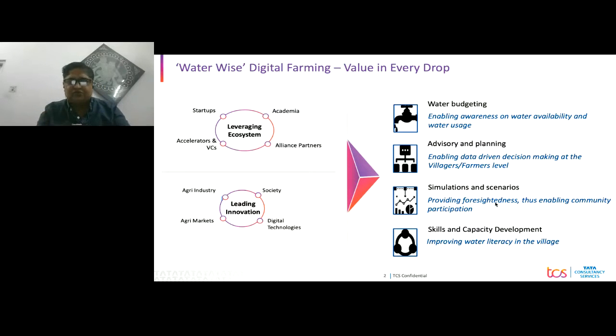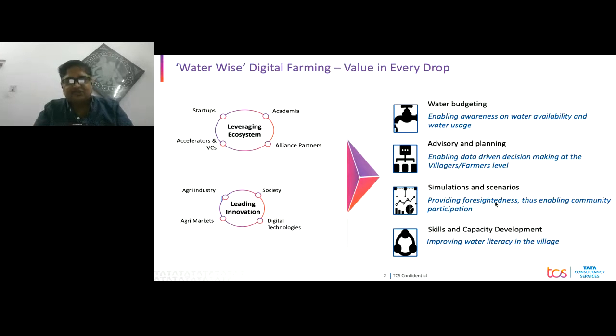So how can we take that data and information and simulate what-if scenarios in order to change the crop pattern and advise the farmers how to save water, use recycled water, and select the right crop at the right time of the year so that it uses the optimum amount of water and gives enough water to run their farming and their livelihood? So that was one in India.